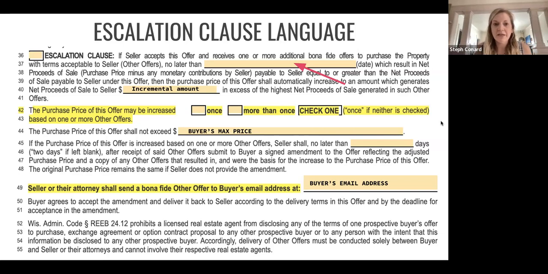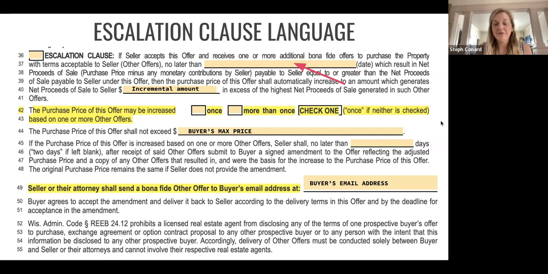Depending on the price point of the property, I've seen this as little as $500. In our higher price points, I've seen $20,000 increments, $50,000 increments. So it really just depends on the price point.